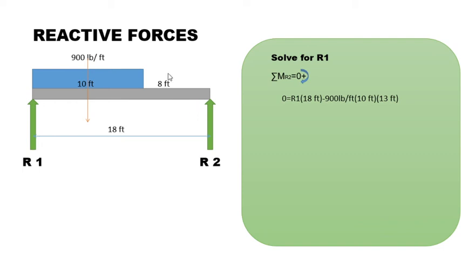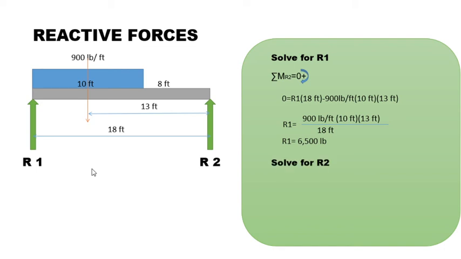So that is 8 feet plus 5 feet, which is 13 feet. 13 is the perpendicular distance of the force. So R1 is equal to 900 pounds per foot times 10 feet times 13 feet divided by 18 feet, and that is equal to 6,500 pounds.